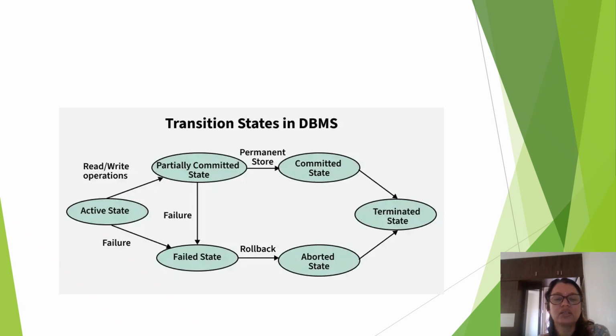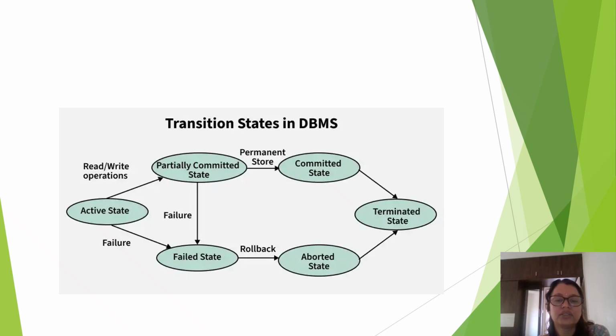When the transaction is completed, the completed transaction should be stored in the database. So before storing in the database, the transaction is in the partially committed state. After it finishes the execution, it goes to the partially committed state.